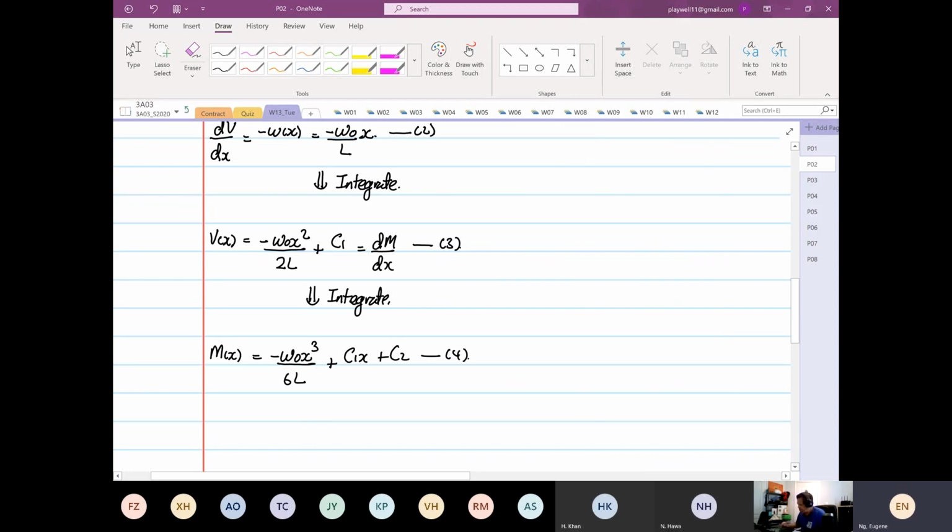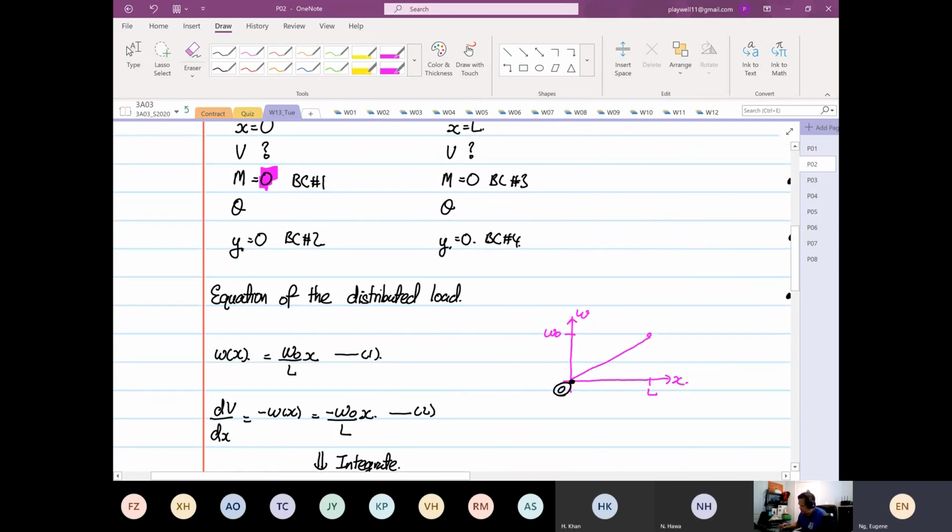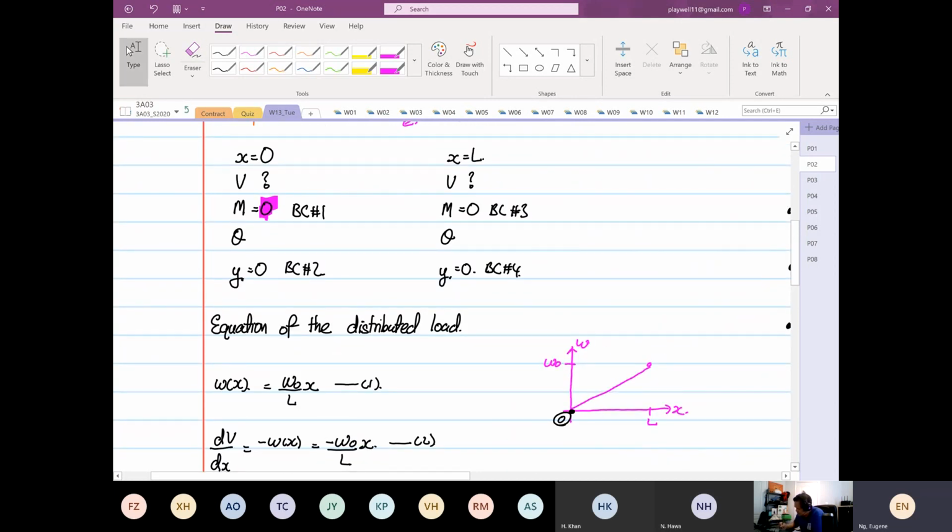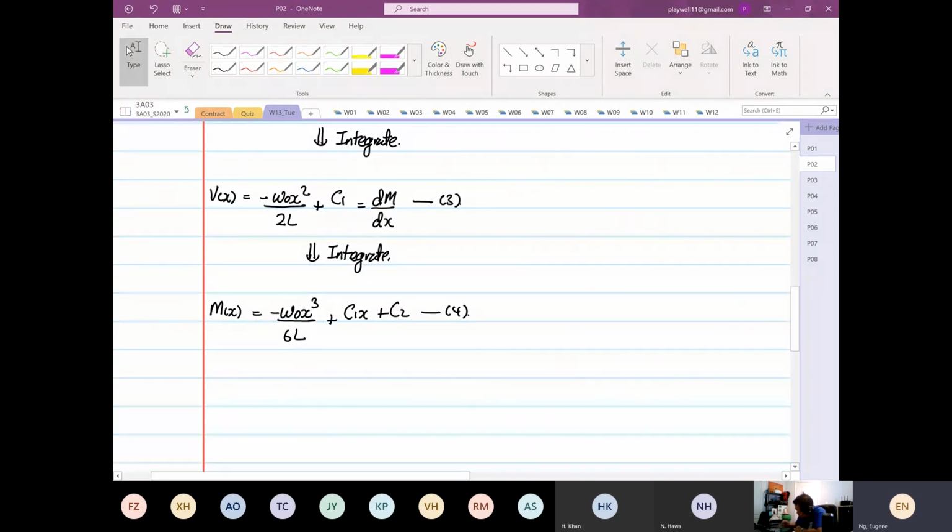So with equation number 4, we can find C1 and C2 because we are going to use our boundary condition number 1 and also our boundary condition number 2. So we're going to substitute x equal to 0 and M equal to 0 into equation number 4.